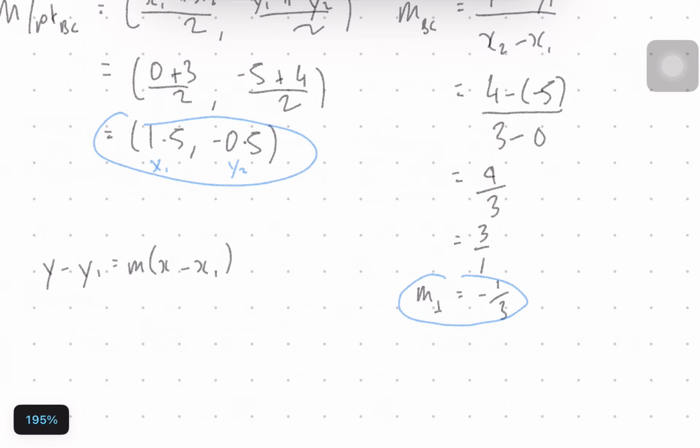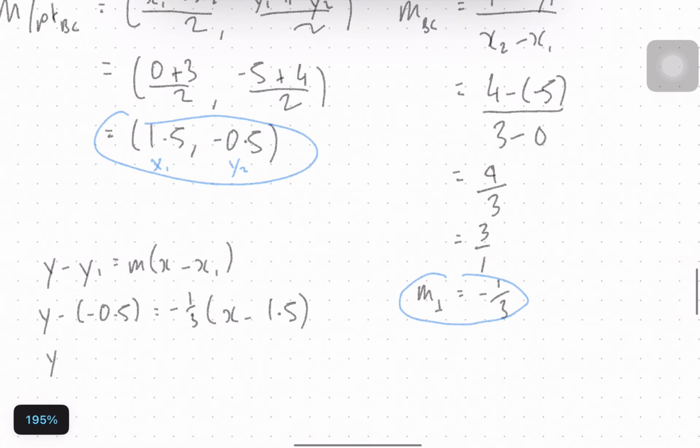So y minus 0.5 equals m, which is minus a third, on x minus 1.5. So y plus a half, or y plus 0.5, is equal to minus a third on x minus 1.5.